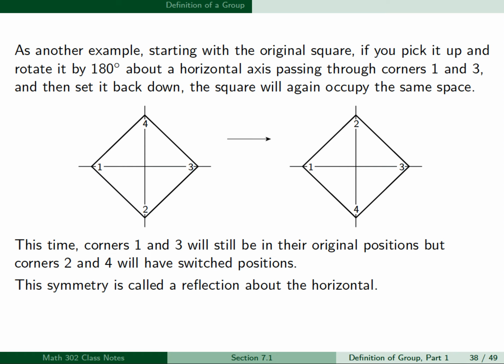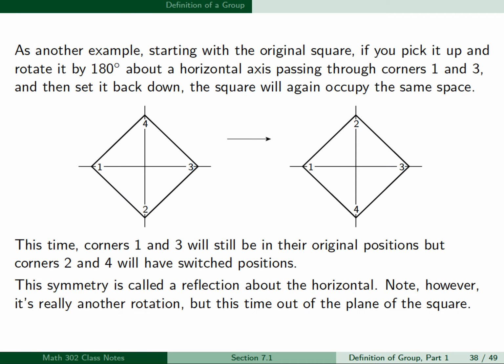This symmetry is called a reflection about the horizontal. So if you imagine starting with the original square and reflecting it about the horizontal axis, we'll obtain the square shown to the right. Now, note, even though we call this a reflection, it's really another rotation, but this time the rotation is out of the plane of the square.